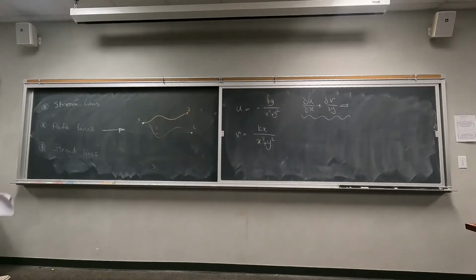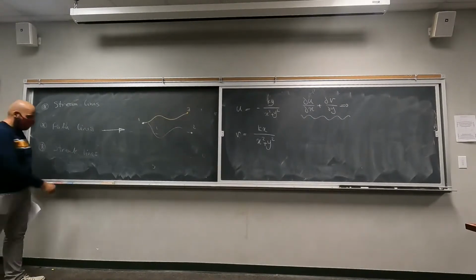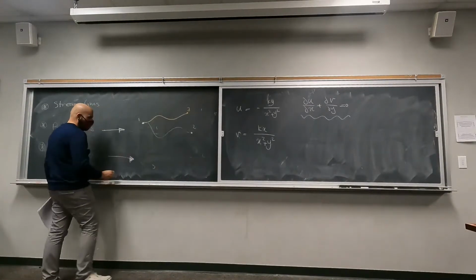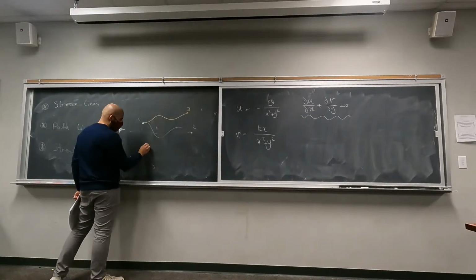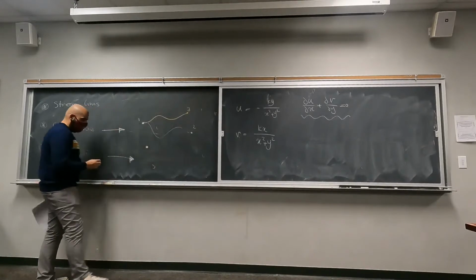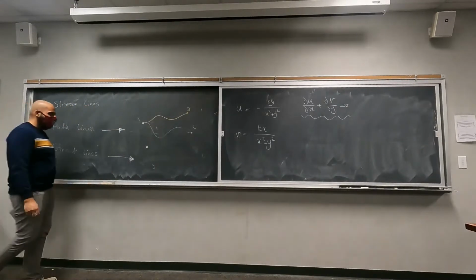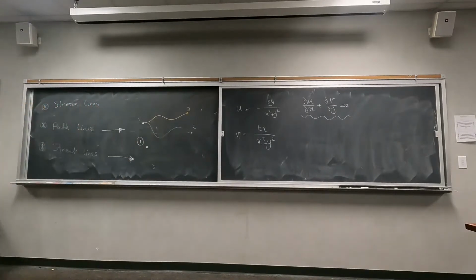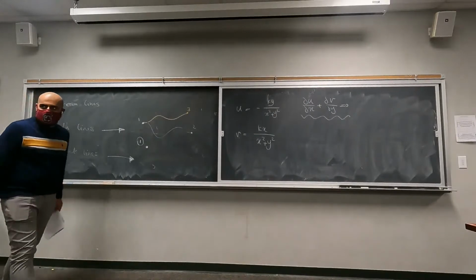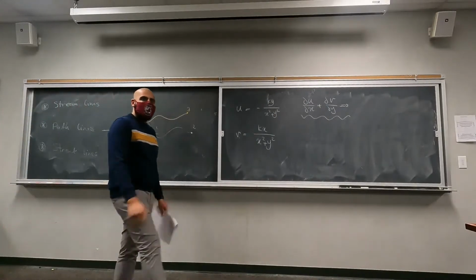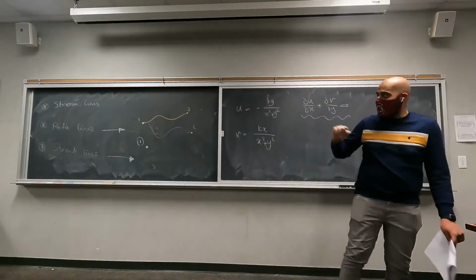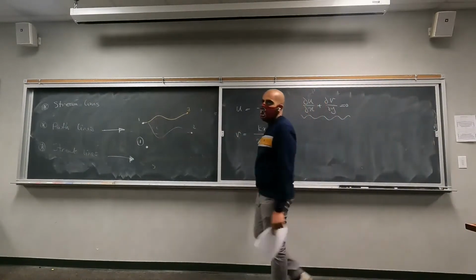A streamline, or let's talk about a streak line first. A streak line is a combination of all of the fluid particles or fluid elements that have passed through point 1 at a time delta t, right, at 1 second.